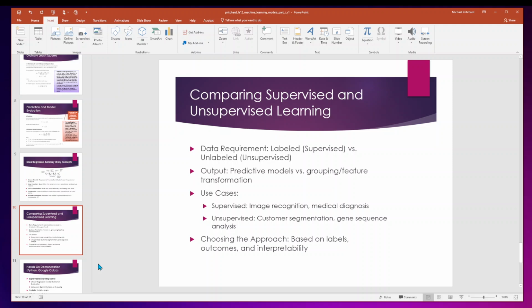In other words, if someone comes and says, hey, I've got this image recognition exercise, you can say, okay, if it's image recognition, then it's a supervised solution, and therefore I'm going to use the machine learning models on the supervised side.